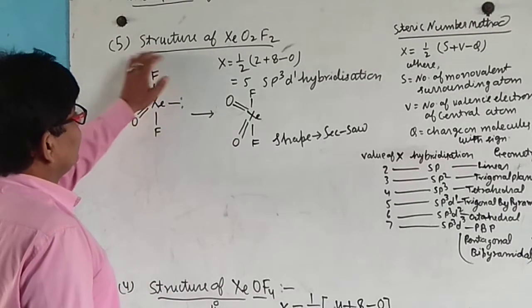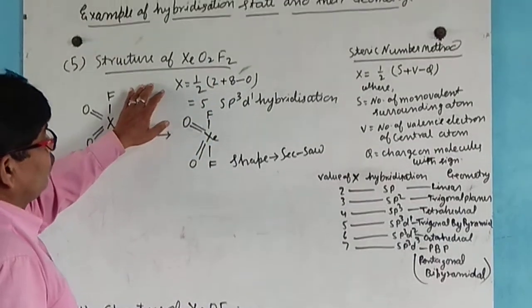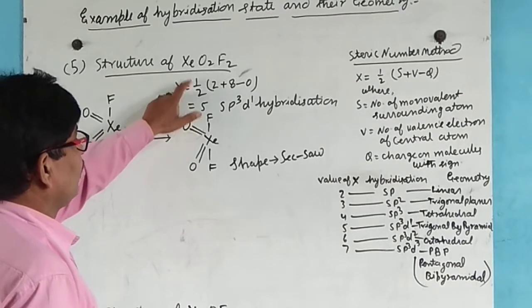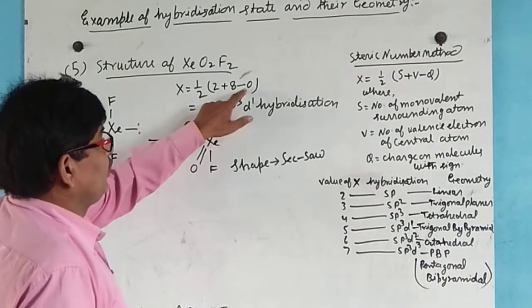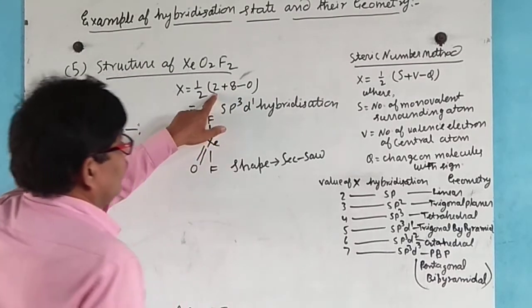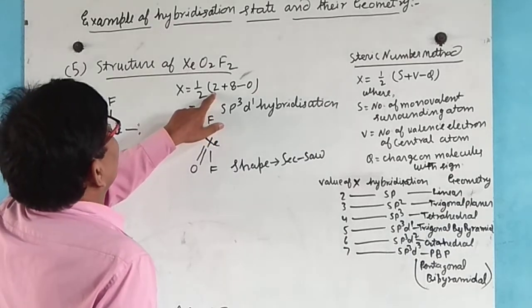Now the structure of XeO2F2. Now we calculate the steric number X equals 1 by 2 (S plus V minus Q). S is the number of monovalent surrounding atoms.